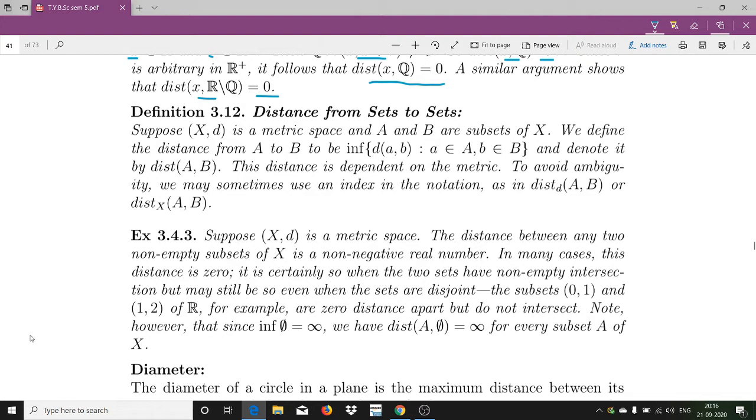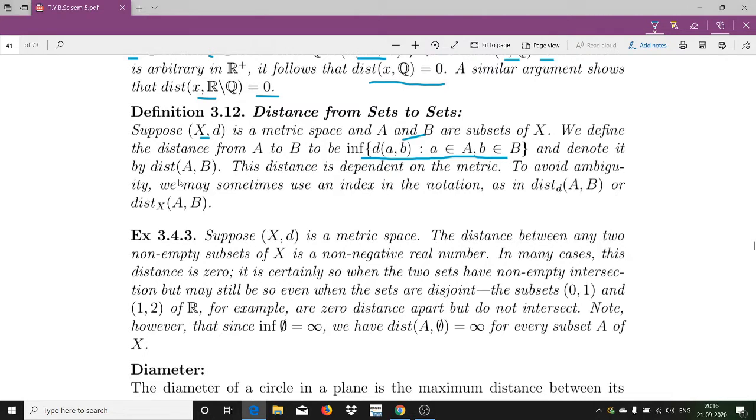So again, we will define it as follows: if you have a metric space (X, d) and two subsets A and B, then we define the distance from A to B equal to the infimum of d(a, b), where a belongs to A and b belongs to B. So you take all the elements of A and all the elements of B and find the distance with respect to the metric d between every point of A and every point of B, and then you take the infimum of that set. That is called the distance between sets A and B.